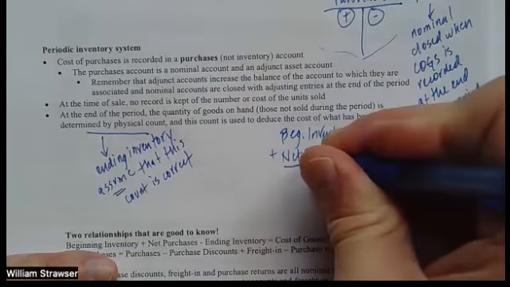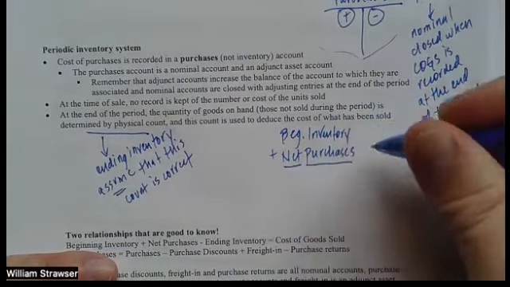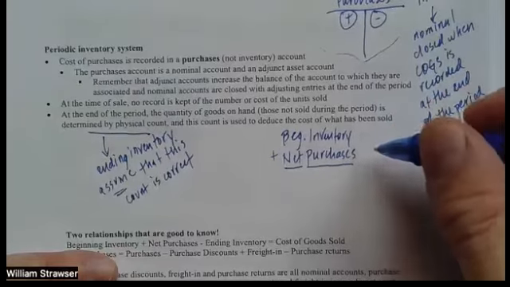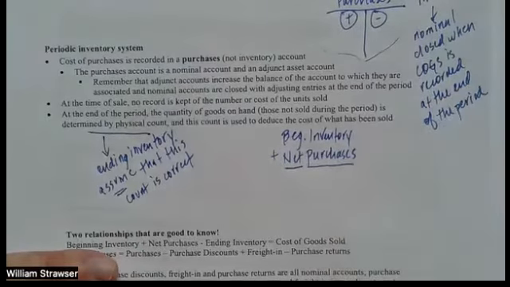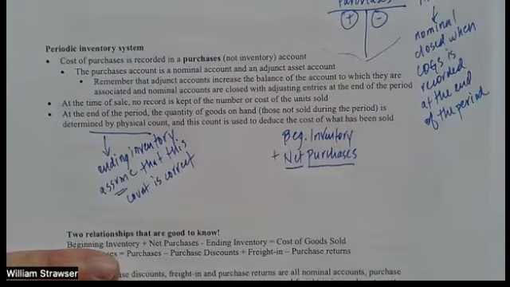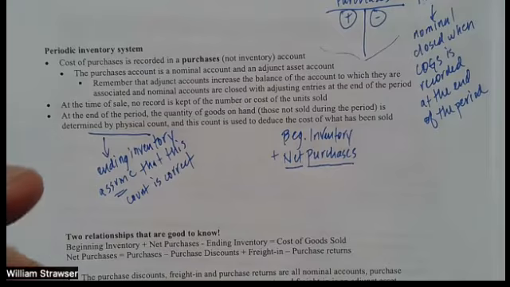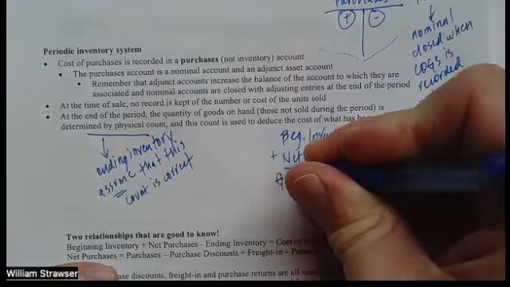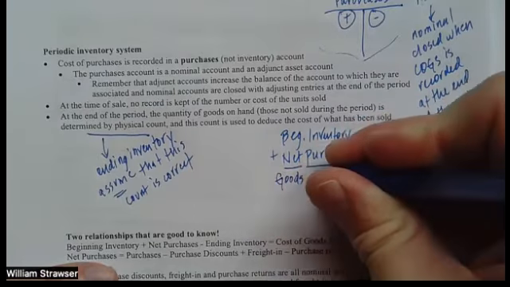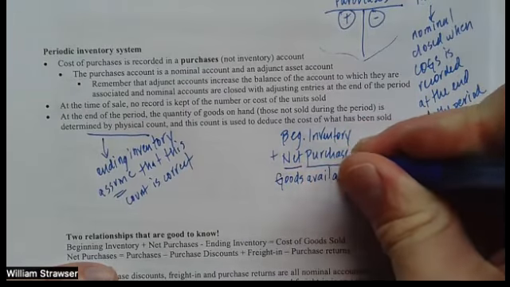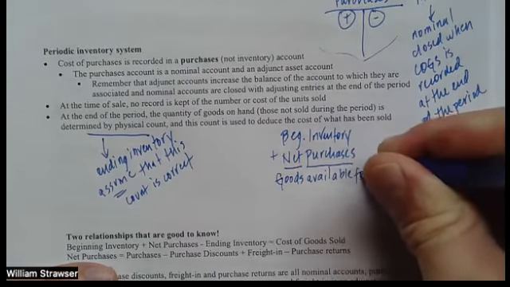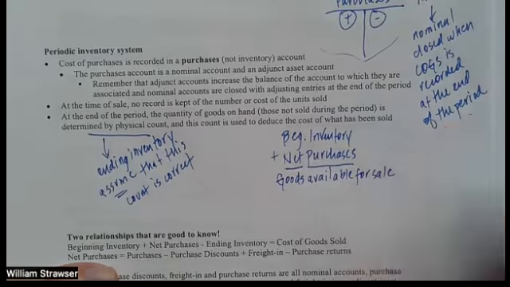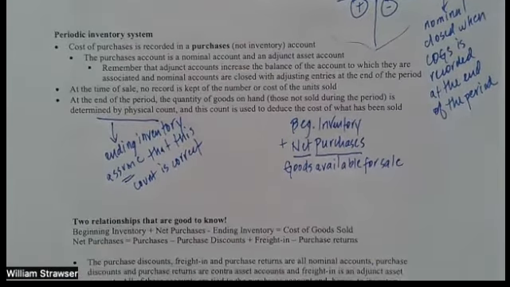I basically have the truth that, well, I began with an amount of inventory and now I purchased a net amount. Maybe I returned some, maybe I got a discount. Well, what's the dollar value of everything I purchased? Then that gives me something called goods available for sale, which is pretty on the nose in terms of a description.